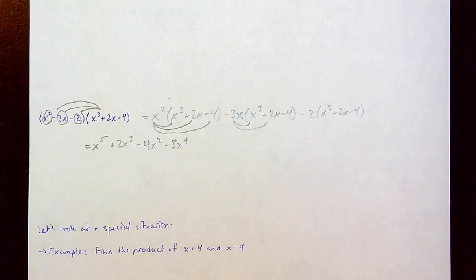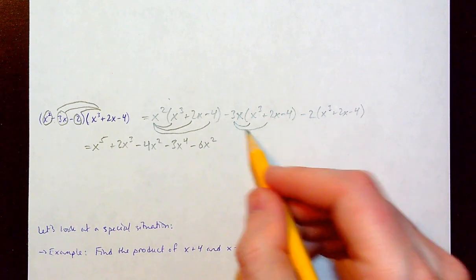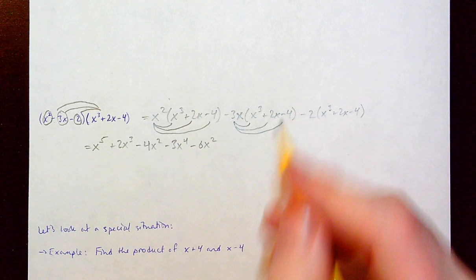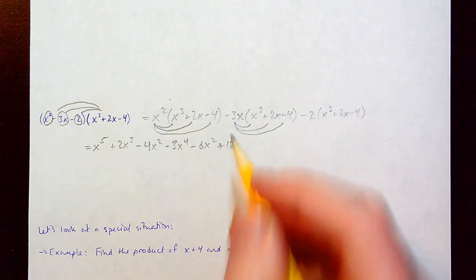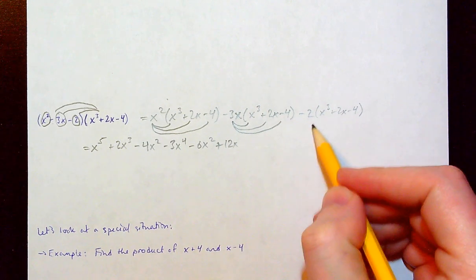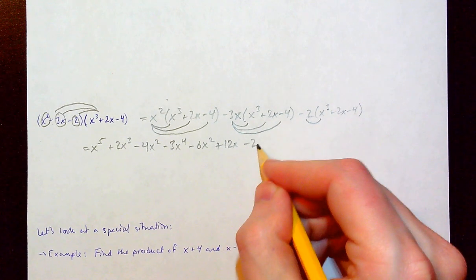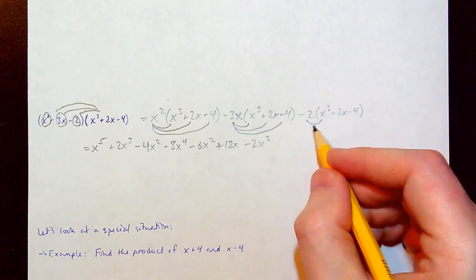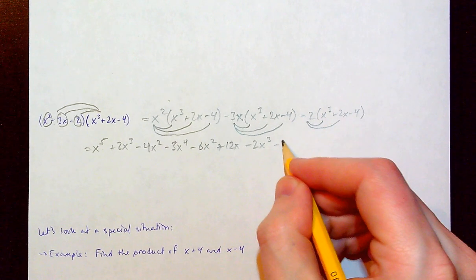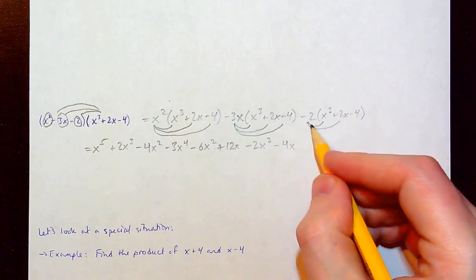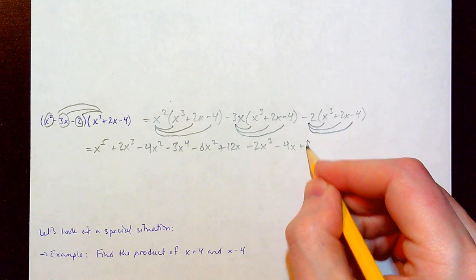Minus 3x times a positive 2x gives me minus 6x squared. And minus 3x times minus 4 gives me plus 12x. And lastly, minus 2 times x to the third is minus 2x to the third. Minus 2 times a positive 2x is a minus 4x. And minus 2 times minus 4 is plus 8.